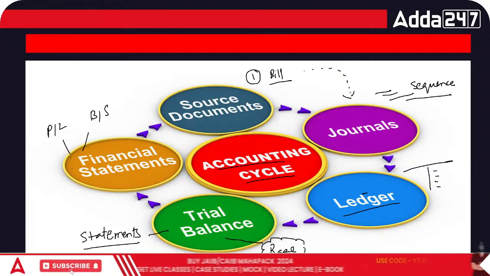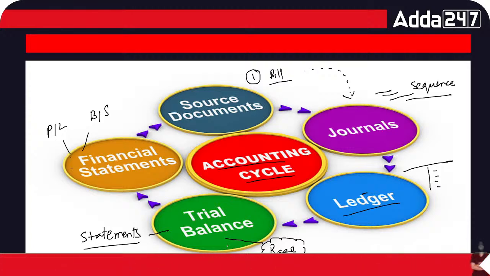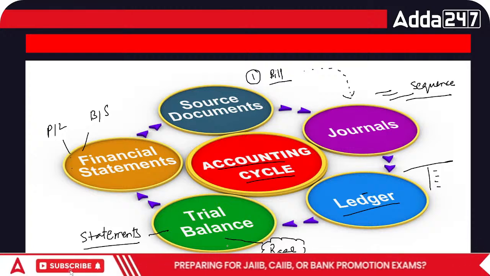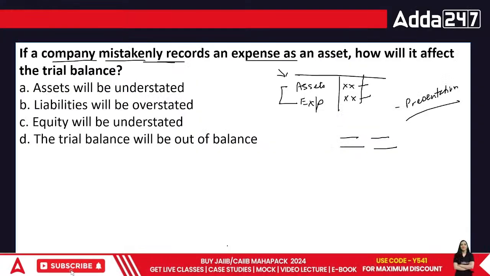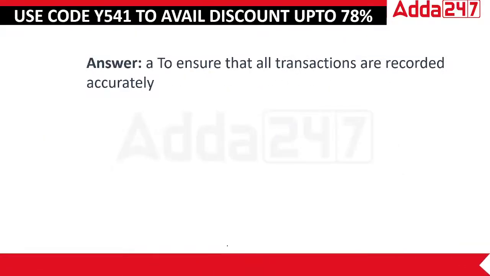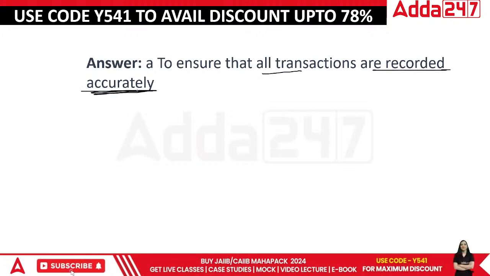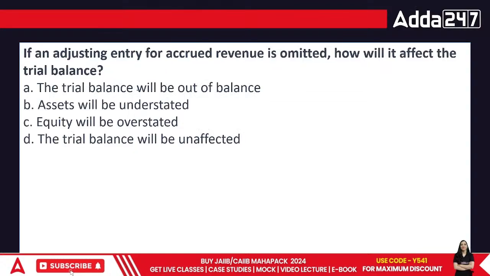That it is the reason that we are able to compile everything from the ledger, and that compilation leads to the financial statements. Then the answer is to ensure that all the transactions are recorded accurately. One particular reason for it is to have accuracy.